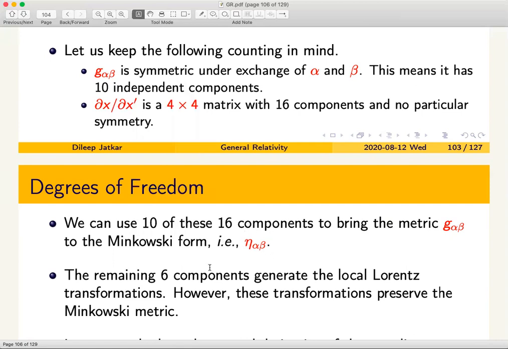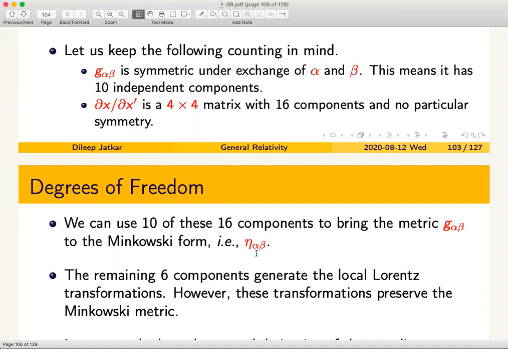But we know that once you bring it into the eta alpha beta form, then there exist 6 transformations which are local Lorentz transformations, 3 rotations and 3 boosts, which leave eta alpha beta invariant. So therefore you understand why there are 16 components, in spite of only 10 being required to bring G alpha beta into eta alpha beta form locally.